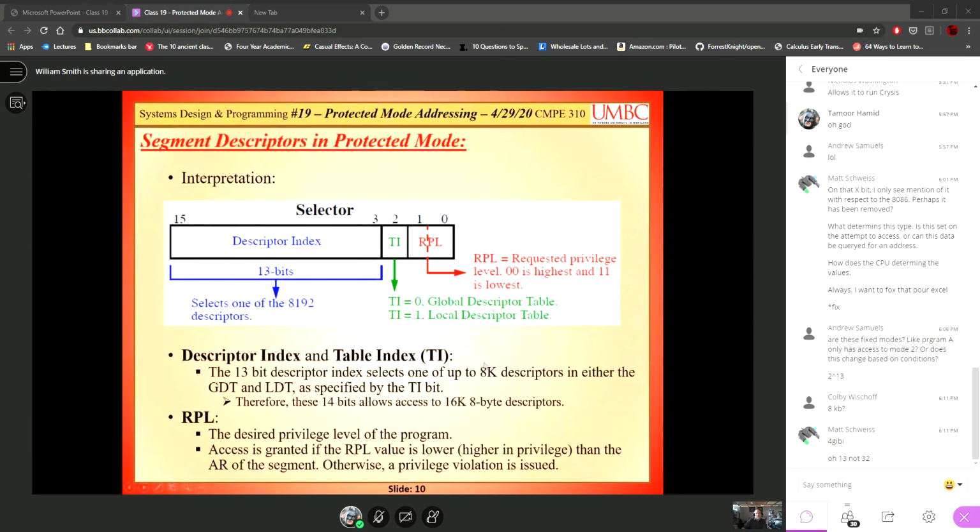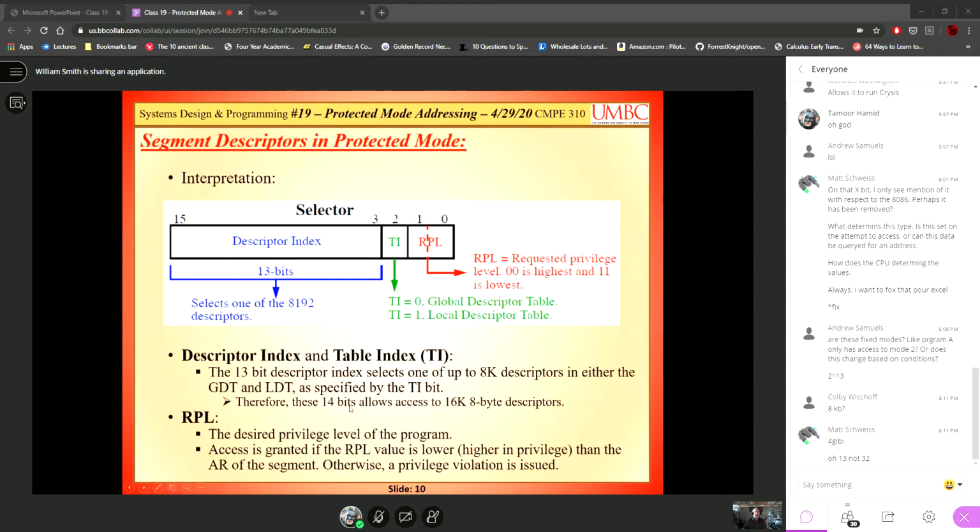And notice, we've got 8K descriptors in either the GDT or LDT, as specified by the TI bit. So with these 13 bits, you're not looking into memory anymore. You're looking for an entry in this big, gigantic table, and you have up to 8K different entries in it. Does that make a little bit of sense?